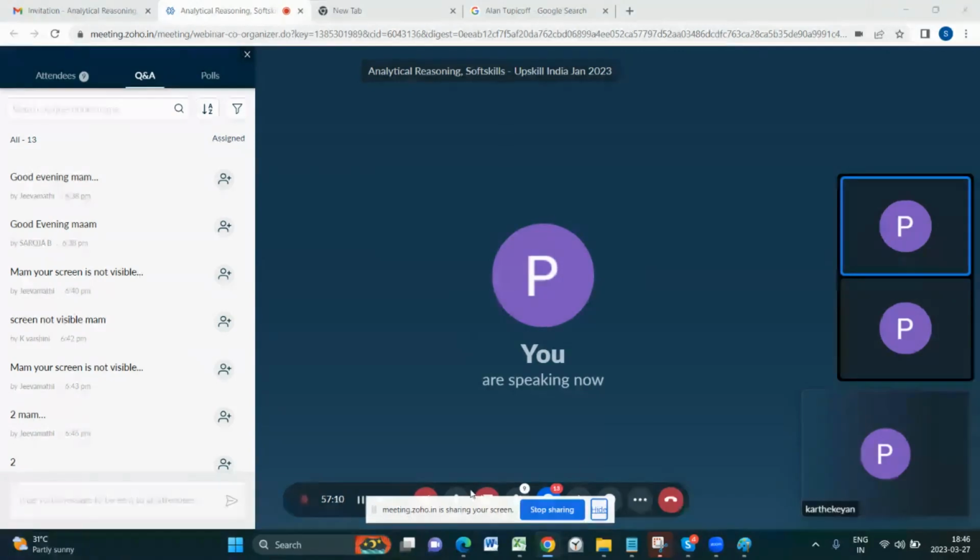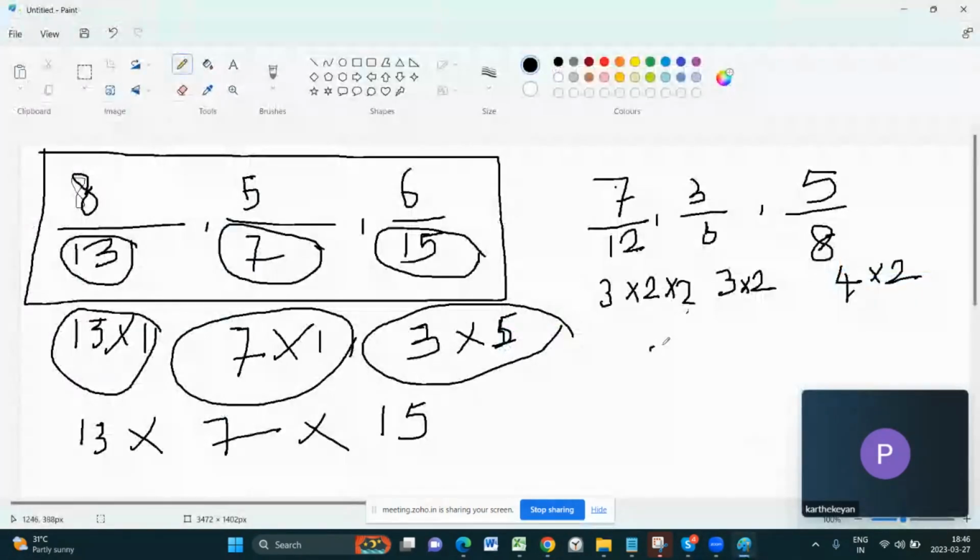So now coming back to this problem. Now I know that 2 is the only common factor. So if I have to take 1, 2, I will just strike this out. 6, I will take 2 only once, into 3, into 4.